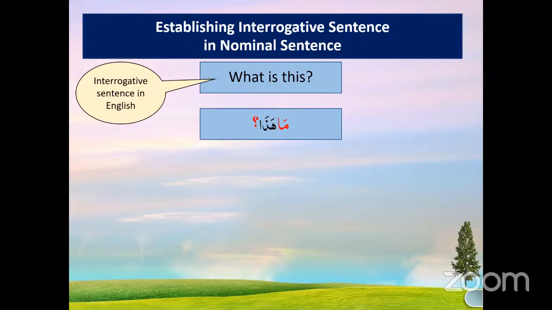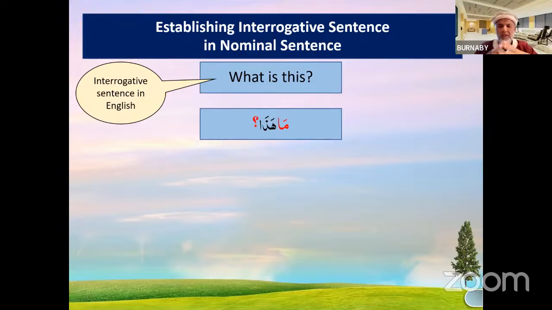So the Arabic grammar people have two opinions about this. Some groups say ma is the mubtada and haza is the khabar. A group of them agree that in this situation they call ma the mubtada, even though it doesn't make sense. But remember, ma is mabni.